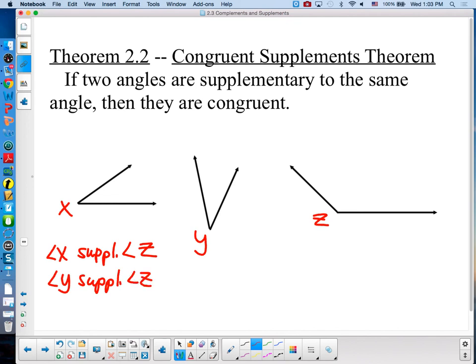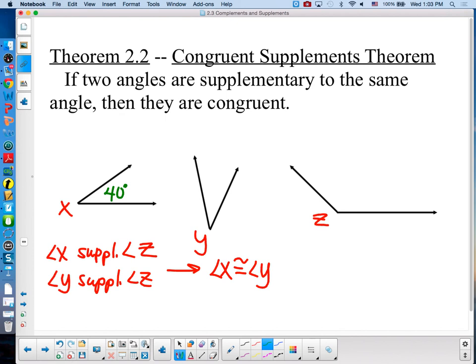So angle X is congruent to angle Y. We're supposed to get angle X congruent to angle Y. Okay, we'll test it with some measures and see if it works. How big would angle X maybe be? Okay, 40 could work.